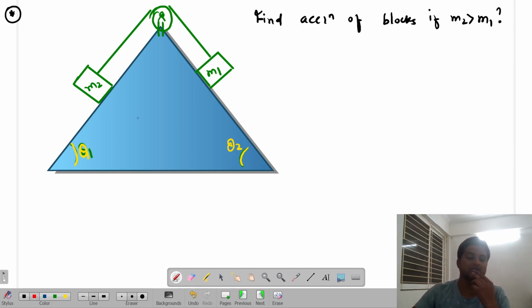Tell me what would be the accelerations. So here we have once again one thread now. Okay, so m2 will go down with acceleration a while m1 will climb with same acceleration a, isn't it? Do the thetas are same?